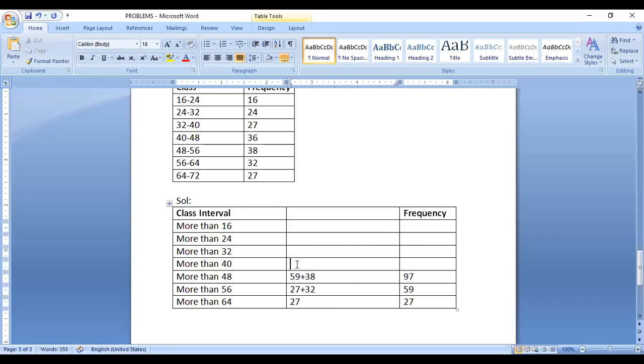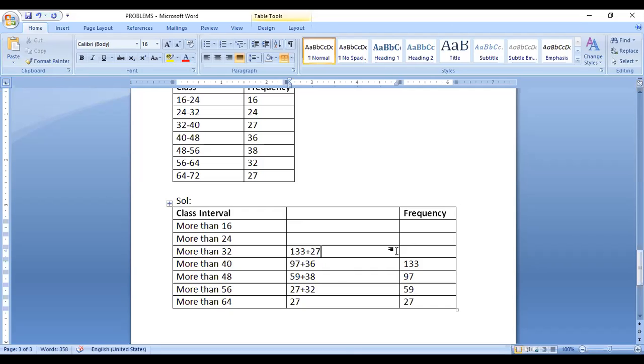So next class, 97 plus, in 40 to 48, more than 40, 36 is there. So 97 plus 36 will be 133. Then next one, this 133 plus 32, more than 32, 27 is there.